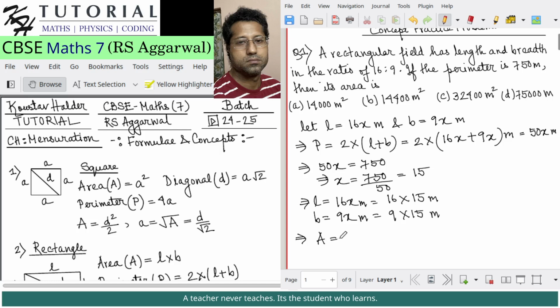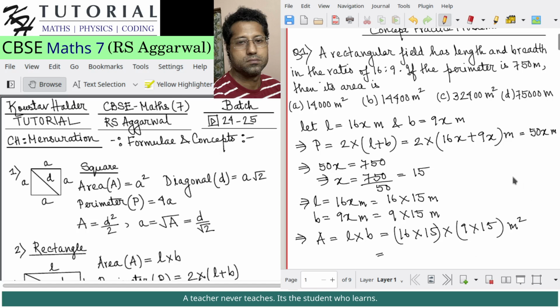So the area will be equal to length into breadth, which is equal to 16 multiplied by 15 multiplied by 9 multiplied by 15 meter square. Length is 16 multiplied by 15 and breadth is 9 multiplied by 15.